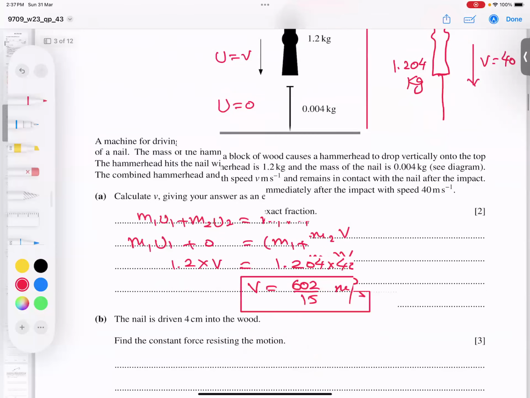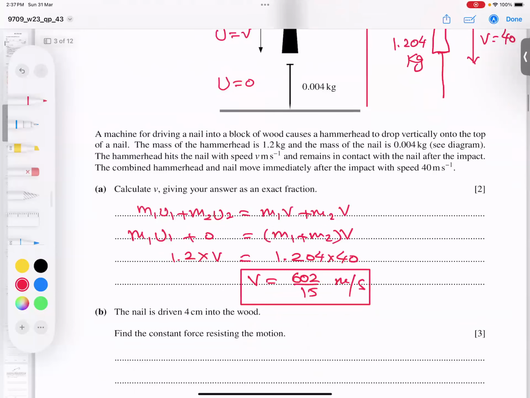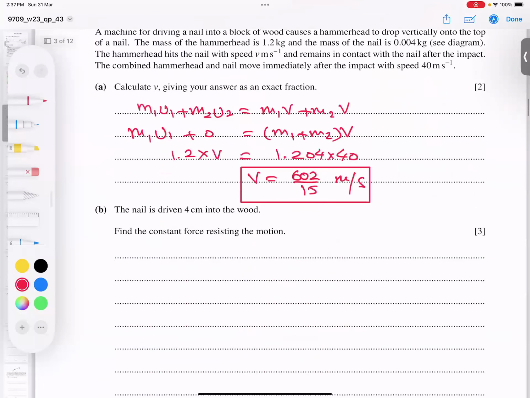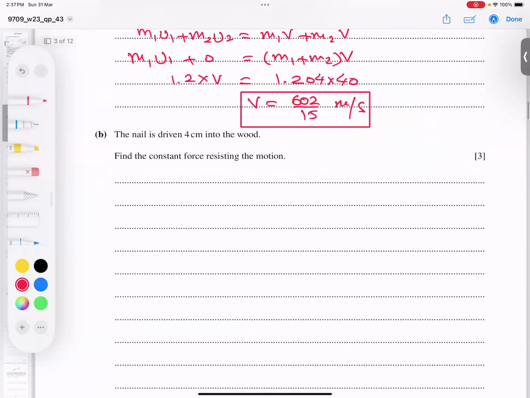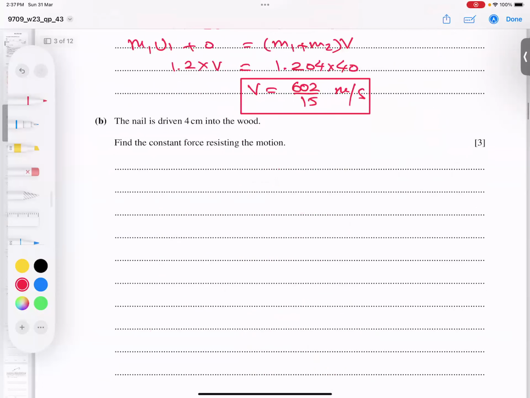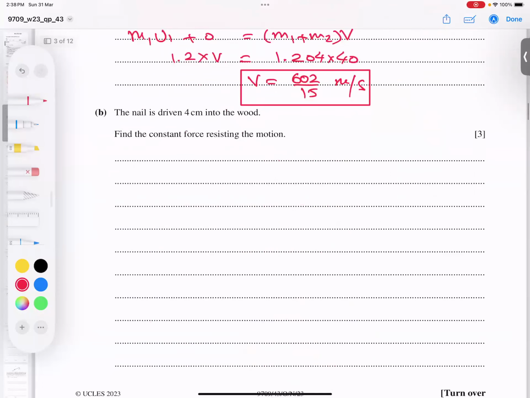The nail is driven in 4 centimeters, but make sure this is meters and this is centimeters. Anyway, the distance traveled is 4 by 100, so we get 0.04 meters. The nail is driven 4 centimeters into the wood. Find the constant resistance force. Okay, we need to find the resistance.